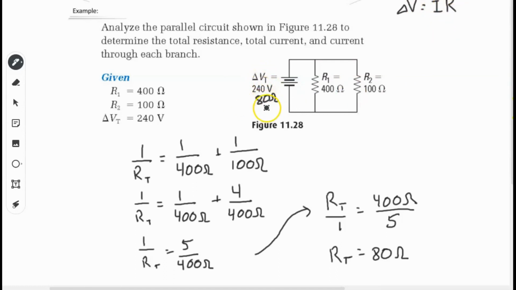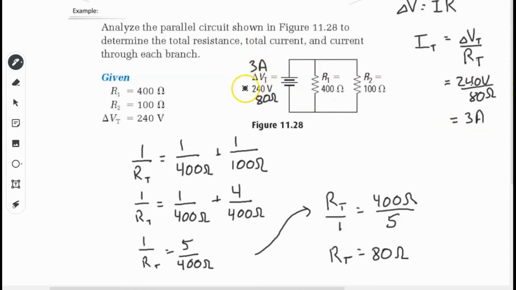So here I know delta V and R, so I'm going to rearrange to solve for I. So I total equals our total potential difference divided by our total resistance, which is 240 volts divided by 80 ohms. So that gives us 3 amps. All right, so we know we have 3 amps here as well. Next step of the puzzle.